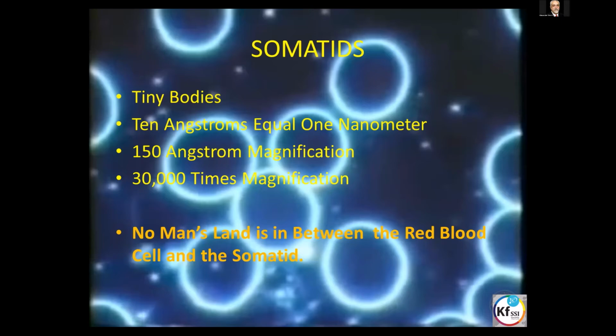So we don't see what is there. And not only that, we don't see what causes the motion. But we know that blood is part of the emotion. So we said last week, the no man's land is in between the red blood cells and the somatids.